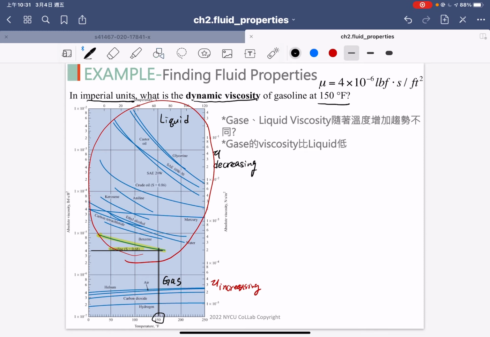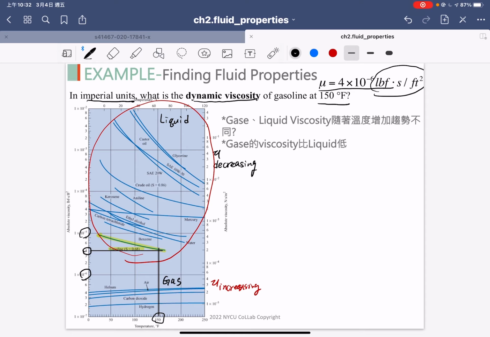We find the viscosity number is 4, and you check the power of 10. Finally, we know that the dynamic viscosity of gasoline at this temperature is 4 multiplied by 10 to the minus 6, and the unit here is the English unit.